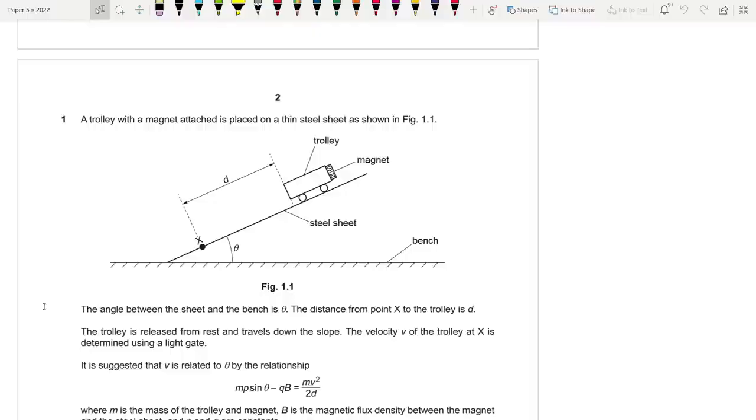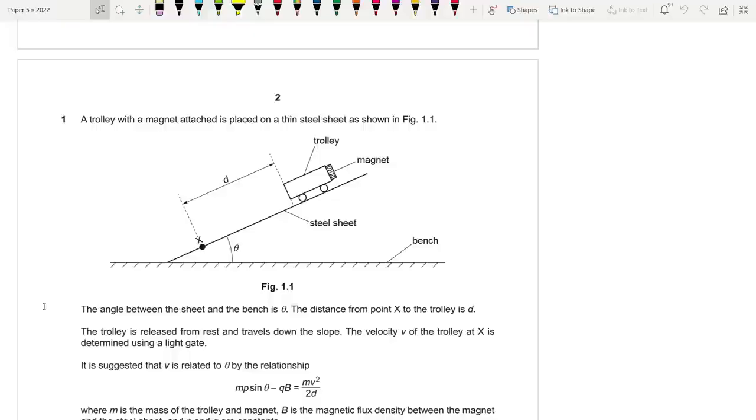We have a trolley with a magnet attached. It is placed on a thin steel sheet as shown in figure 1.1. The angle between the sheet and the bench is theta. The distance from point X to the trolley is d. The trolley is released from rest and travels down the slope. The velocity v of the trolley at X is determined using a light gate.